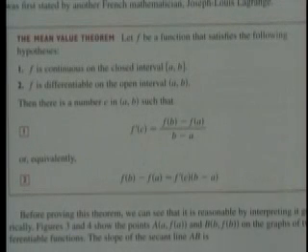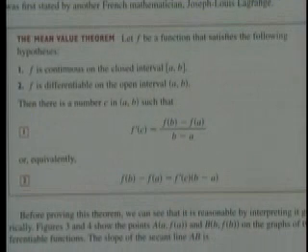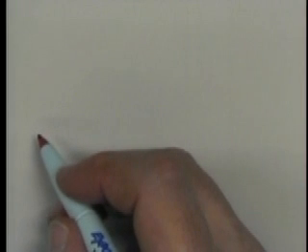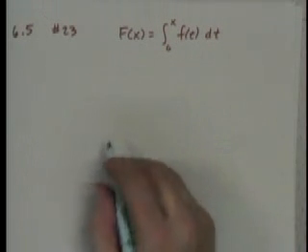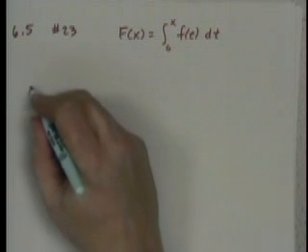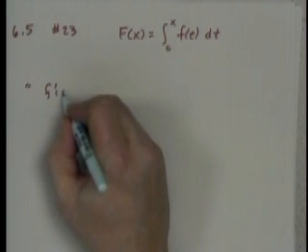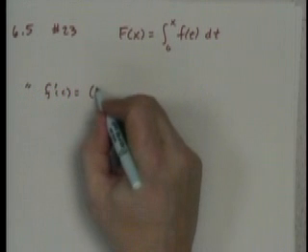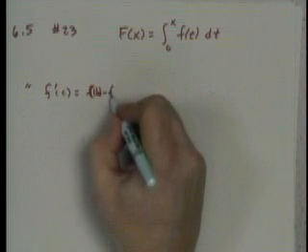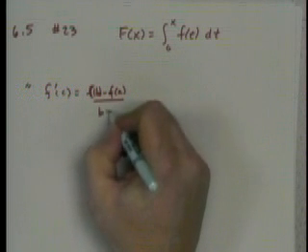F prime of c equals f of b minus f of a over b minus a.